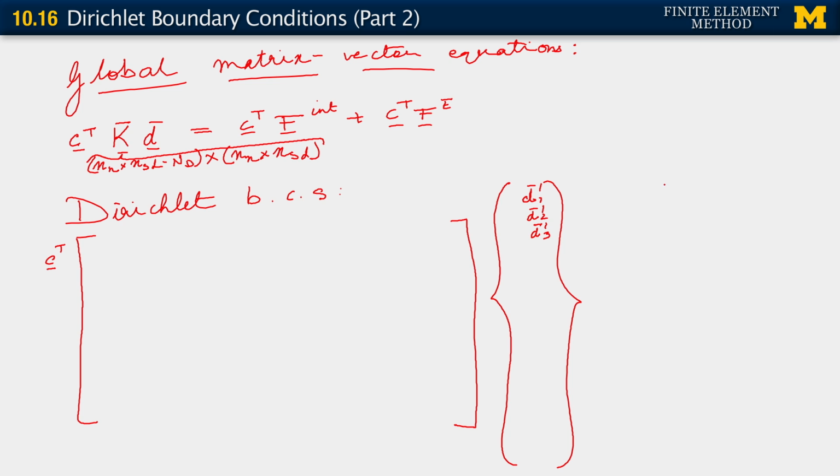Now let me suppose that some global degrees of freedom, so let's suppose D bar A1, D bar B2, and D bar C3, are known Dirichlet boundary conditions.